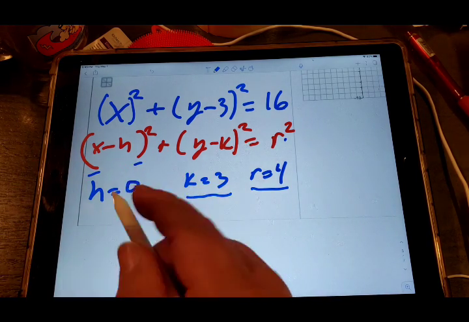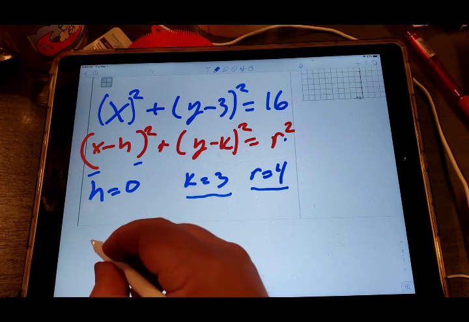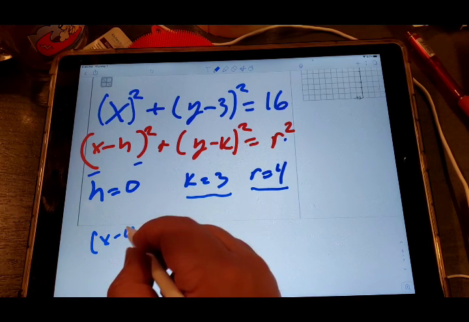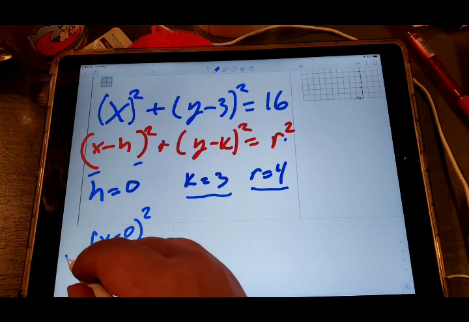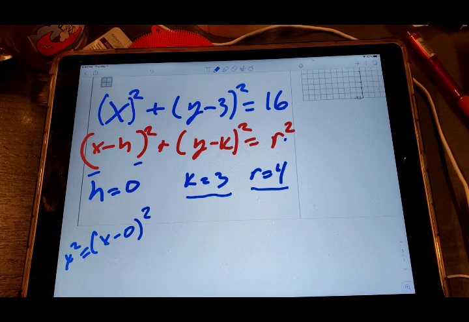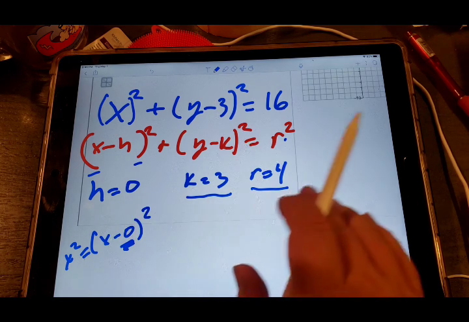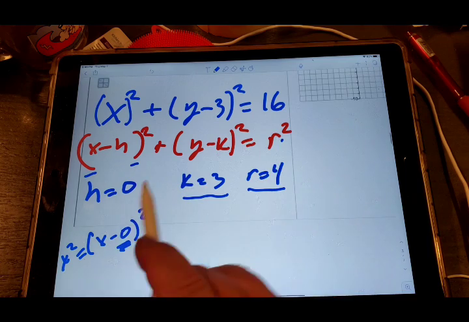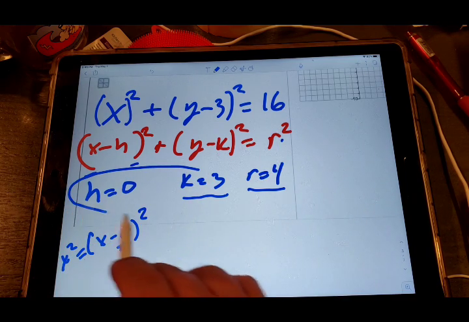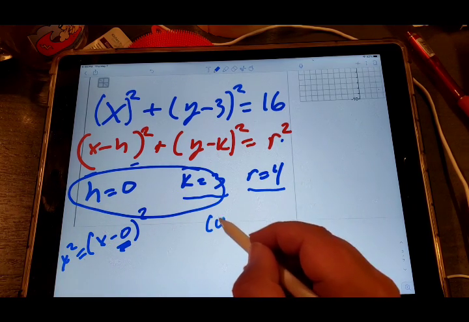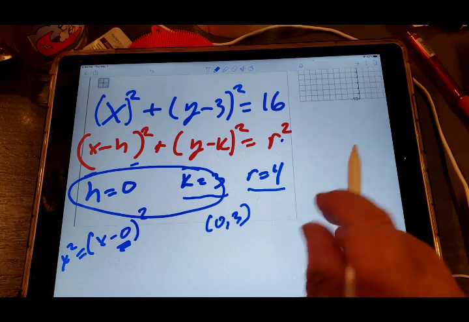Or you could even think of it literally as x minus 0 squared. In other words, x squared equals x minus 0 squared. Yeah, zeros and ones are sometimes invisible, and we have to find them. So we had to find the 0. All right, so what does this mean? It means the center is 0, 3, and the radius is 4.